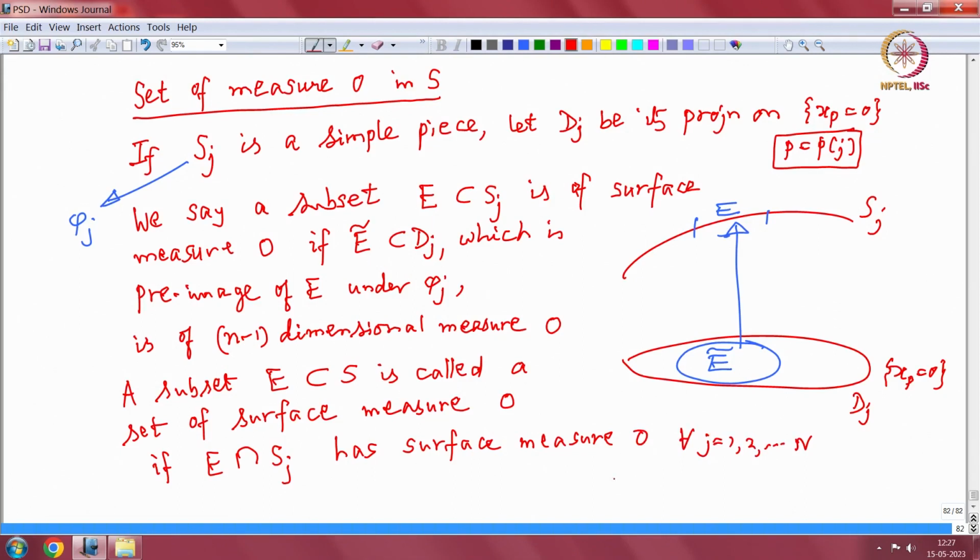Just remember, S is this union of Sj, and each Sj is a simple piece.